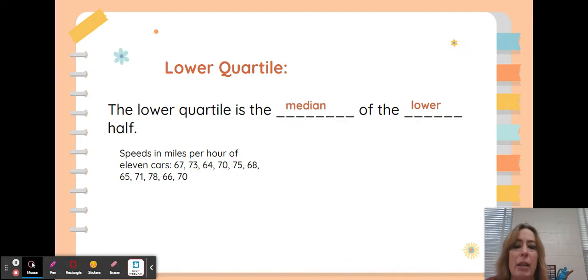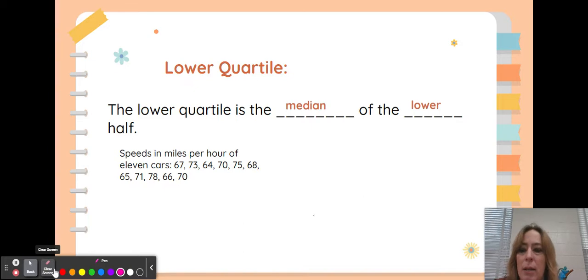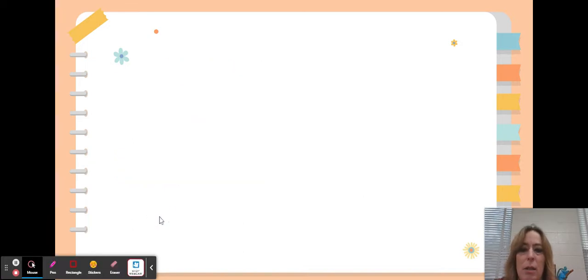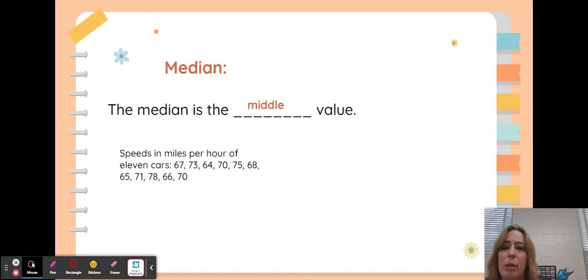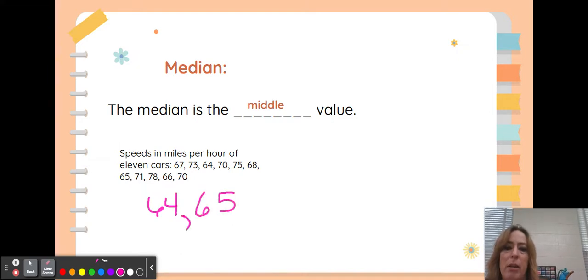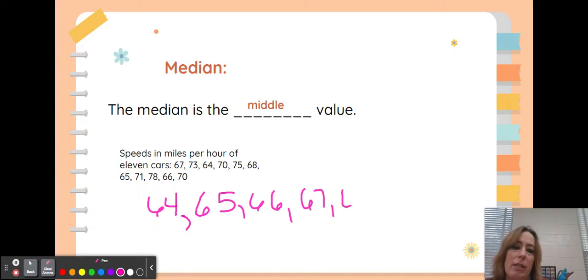All right, the next spot is our median. Well, we already did that. We know what that is. That is the middle value, right? So when we put those numbers in order, and let's do that again, 64, 65, 66, 67, 68, 70.